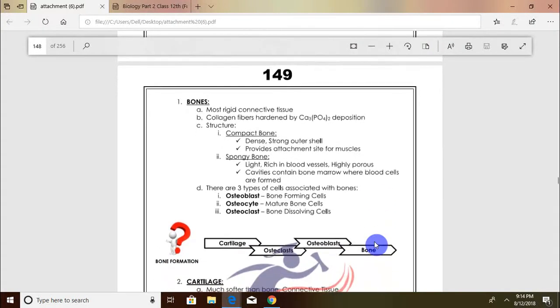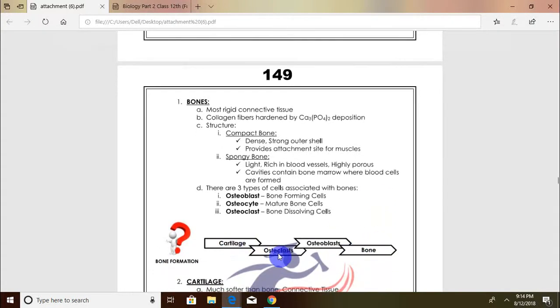And this is basically what happens. Initially there is cartilage, osteoclasts dissolve it, then osteoblasts come into play to make bone, and eventually we have that.